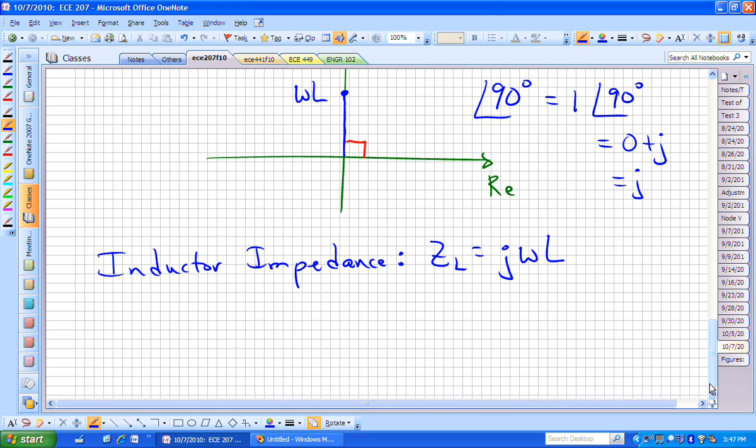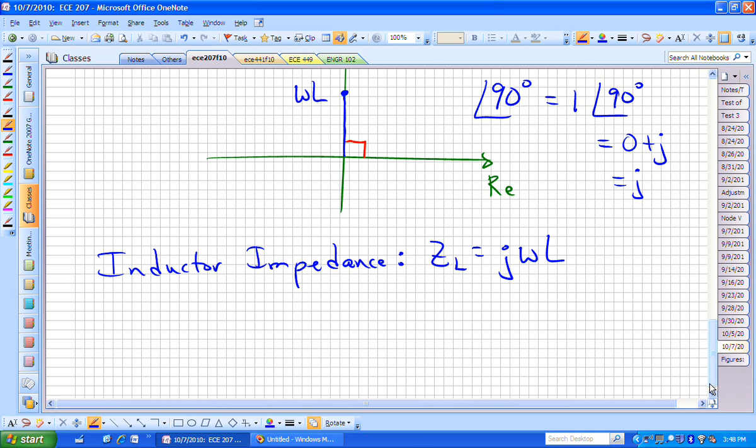It's returning that power to the circuit. It builds it up, takes it in, and then it goes away. It's really not doing any real work. That's why it's all imaginary. It's building up and giving back.